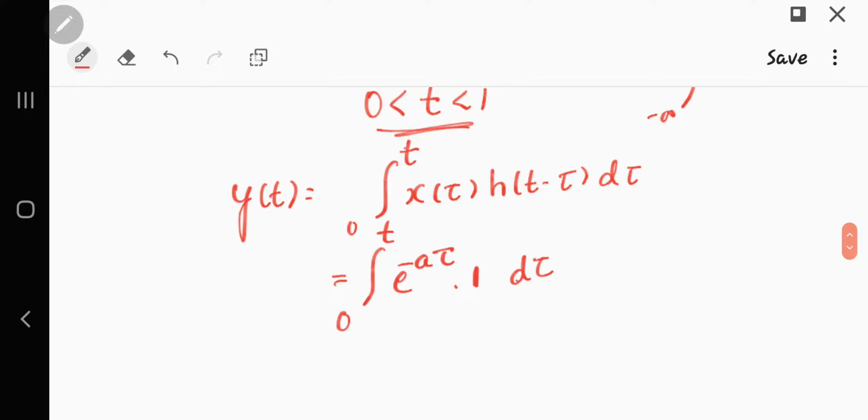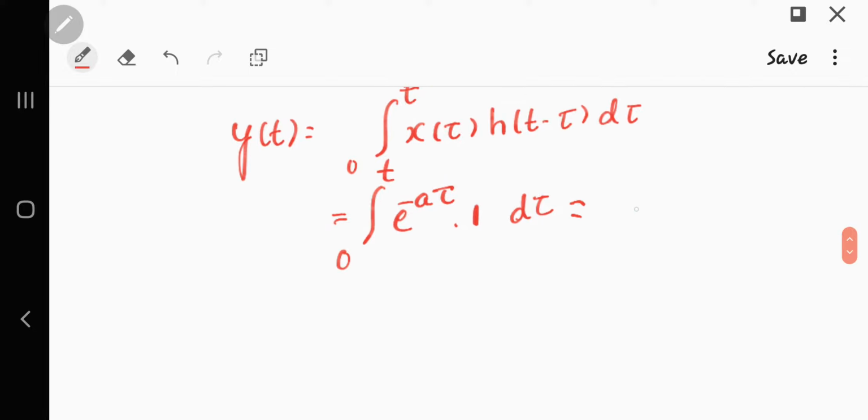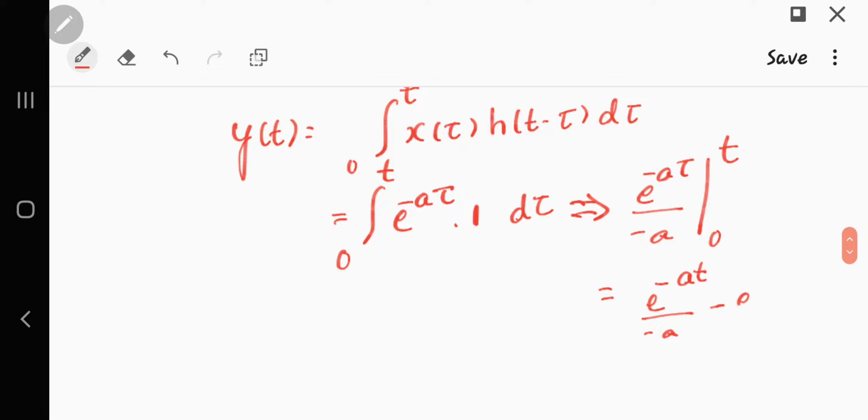Okay. Now we have to integrate and apply the limit. Integration of e power minus a tau with respect to d tau is e power minus a tau divided by minus a, where the limit is 0 to t. Now if you apply the limit, first we apply the upper limit, it will be e power minus at, and then apply the lower limit, that becomes e power 0 divided by minus a.